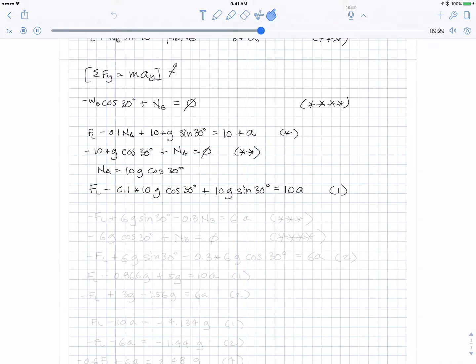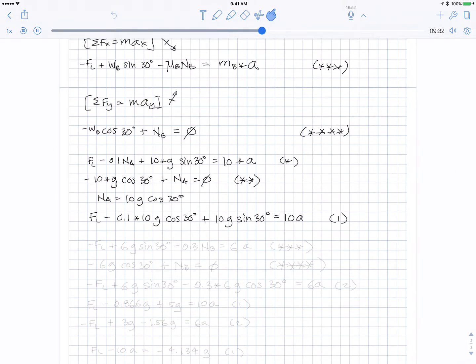Do the same thing for B, where the mass of B is 6 and the coefficient of friction is 0.3. From equation 3, we get minus the force of the link plus the weight of B, which is 6 kilograms times G sine 30 degrees, minus mu, which was 0.3 for block B, NB equals 6A.